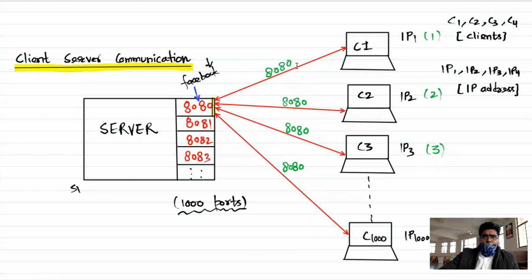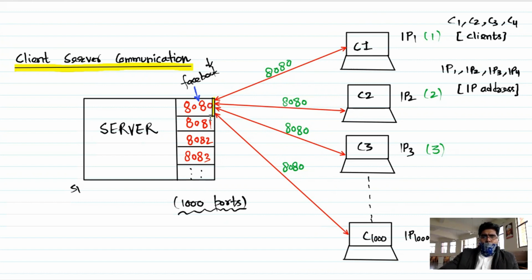Not only one client would communicate with Facebook, right? Many clients can communicate with it. How is that possible? It is possible because of the multi-threading environment. If a multi-threading environment is created on the port of this application, then multiple clients can connect with the same web application at a single port.